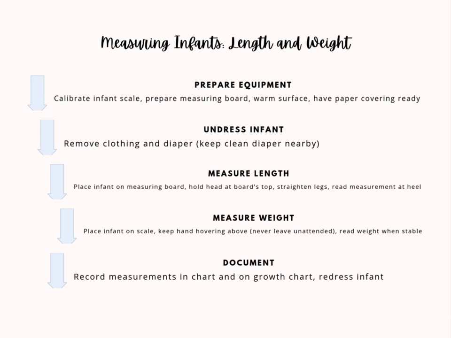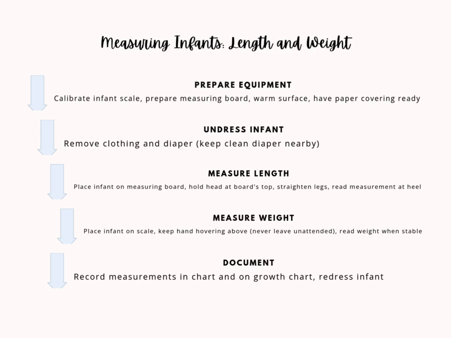They typically undress the infant down to a diaper or take the diaper off and change it. Obviously, completely undressed would be the most accurate way. Measuring the length, there's a couple of ways that this is done. There are actually infant scales that have the length strip on it that you can measure it to.